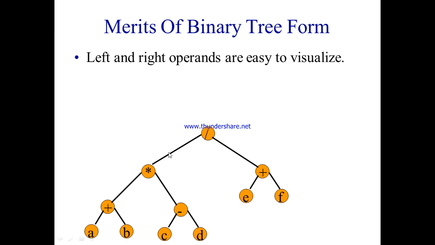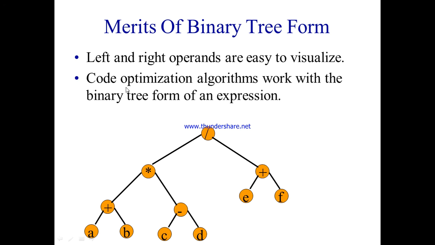For star, the left operand is A plus B and the right operand is C minus D. So it is easy to understand. For plus here, the left operand is A and the right operand is B. For minus, the left operand is C and the right operand is D. For this plus, the left operand is E and the right operand is F. So it is easy to visualize.